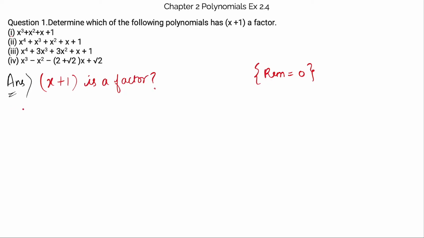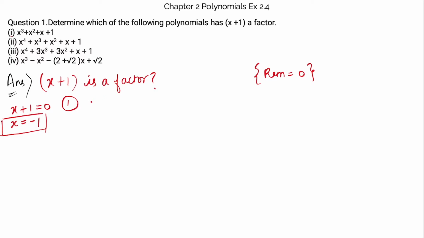We put the zero of the polynomial we are going to divide by. So how to find the zero? We put x plus 1 equals to 0 and find the value of x, and this value we are going to put in all these parts to check whether x plus 1 is a factor of those polynomials or not.